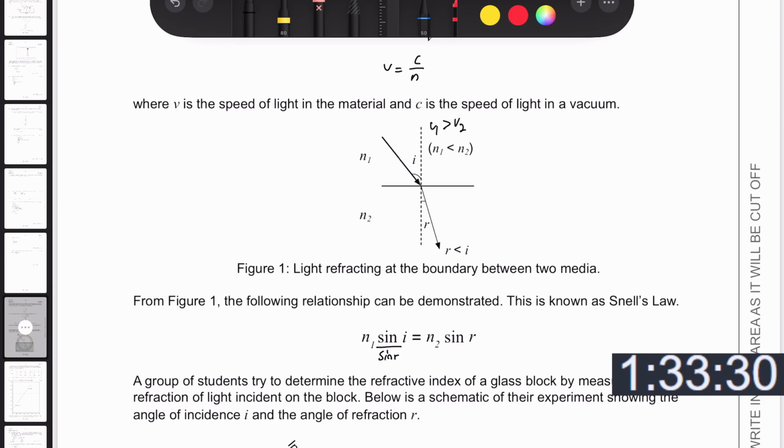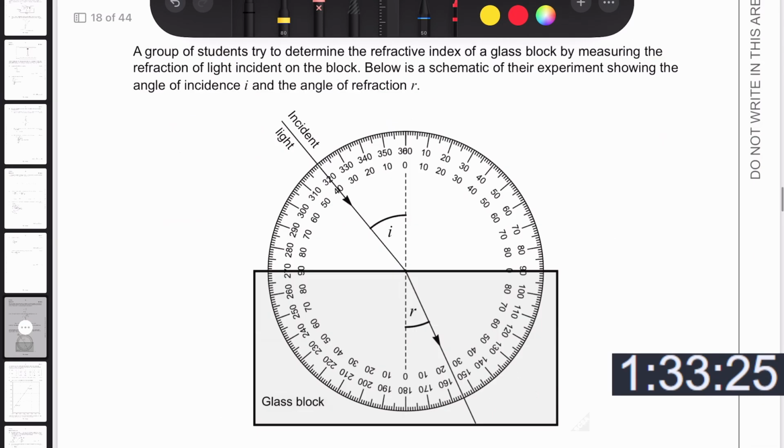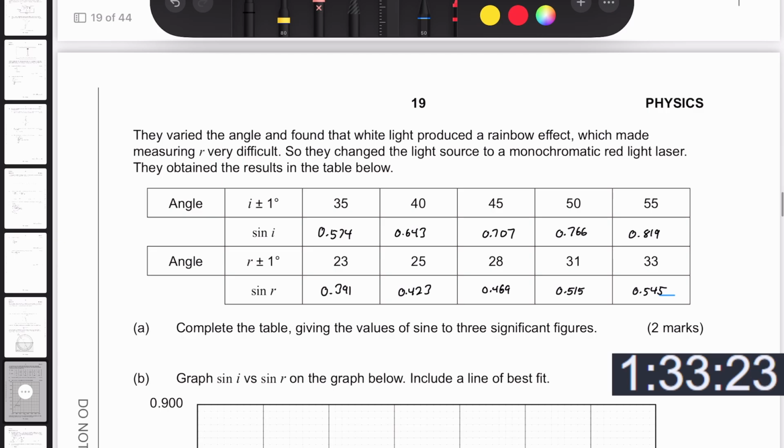Speed of light. I'm not sure what else it could be.